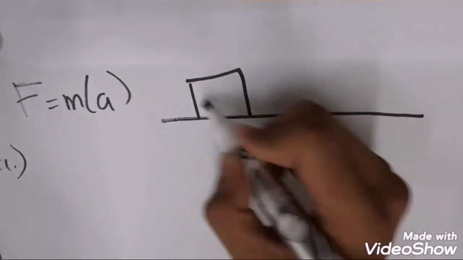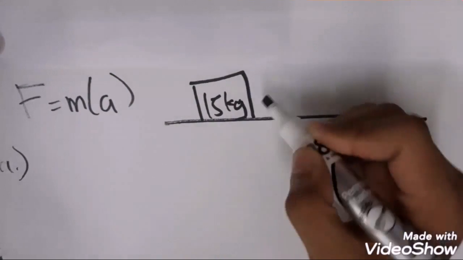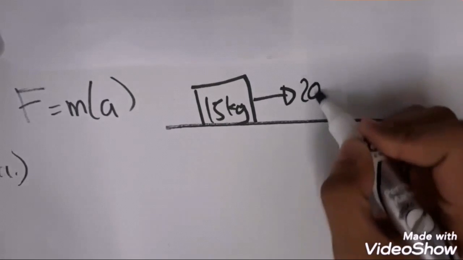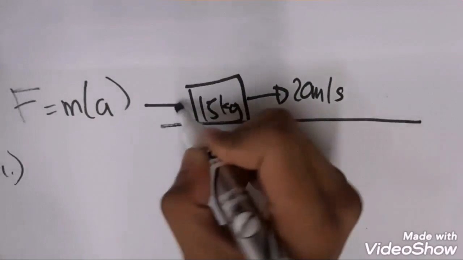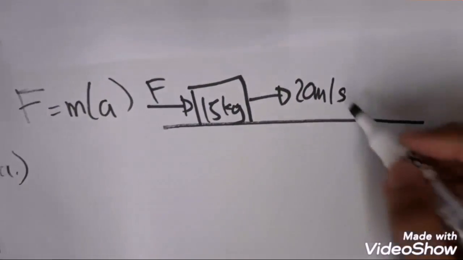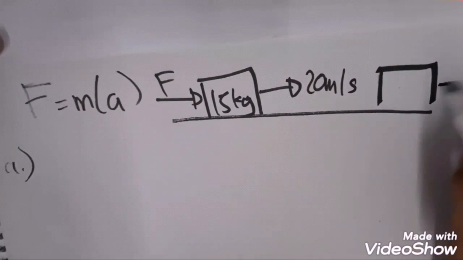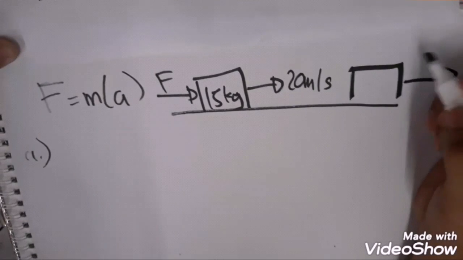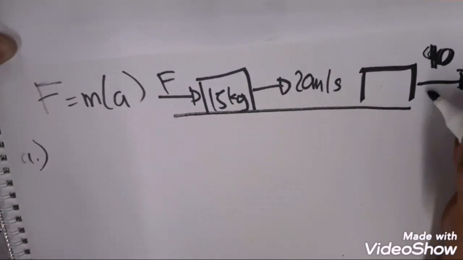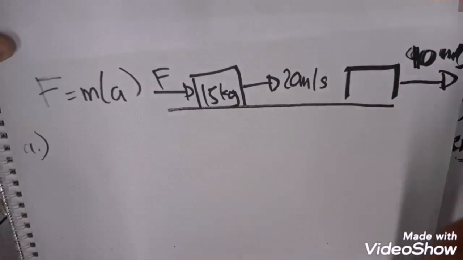So here is the 15 kilogram block, at 20 meters per second. We then applied force, and after 10 seconds, it has a 40 meter per second velocity.